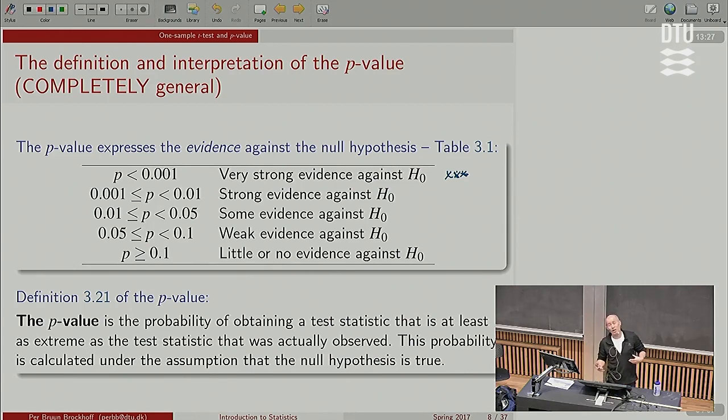If I allow myself to be this simple-minded, and this is at the core of the global discussion about this whole hypothesis test and p-value procedure, should we allow ourselves to be so unintelligent about the real world that either it's like that or it's not? Maybe it's a continuous thing where we have evidence. We have some evidence against and some evidence pro.